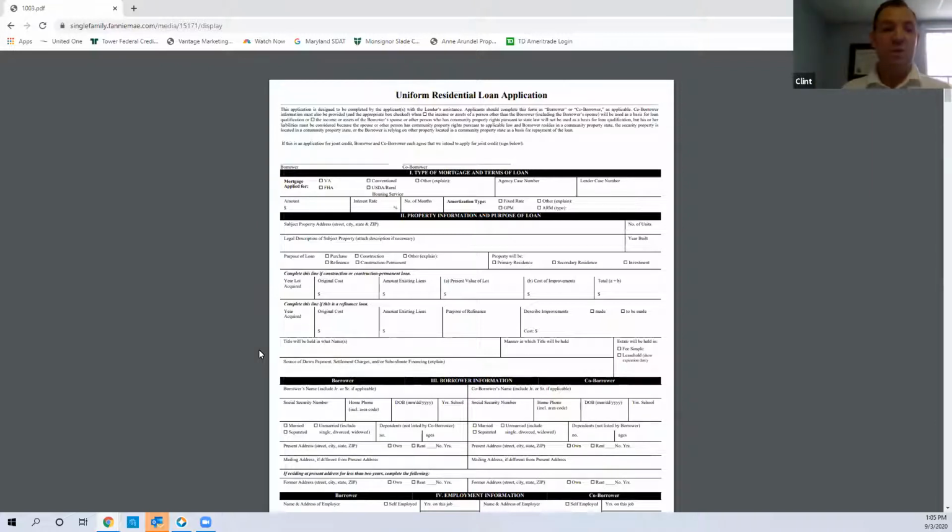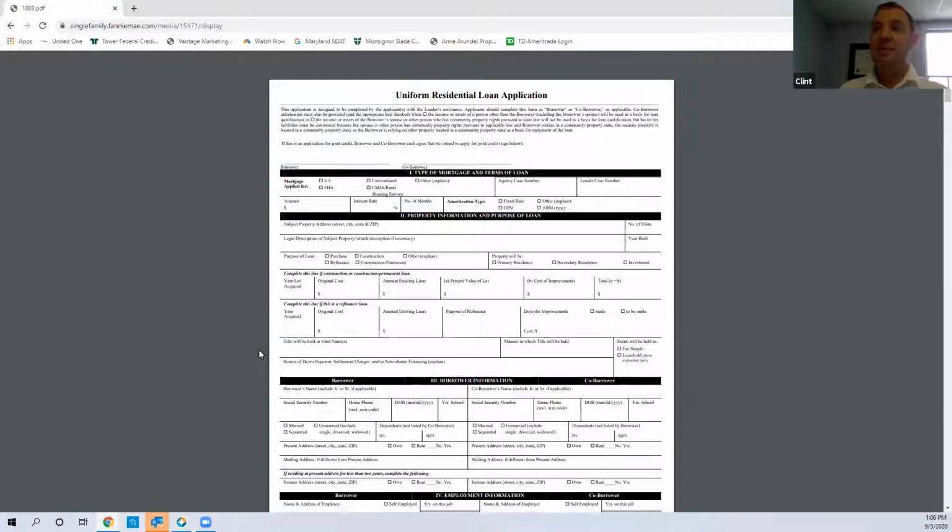So without further ado, we're going to go through the loan application. Essentially, I'm going to go through it as I would take a loan application with a borrower, and it's very self-explanatory, following the information that is on the residential loan application. One thing that I'll say is, many originators may enter the information directly into their loan origination software.